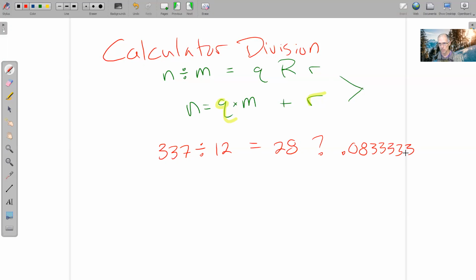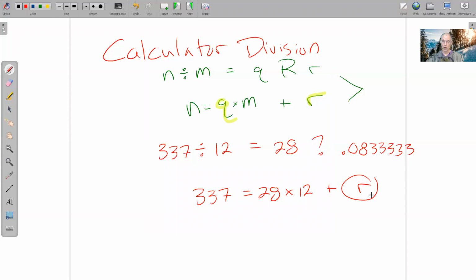I think it gave me that many threes right there. So how do I turn this into the remainder? Well, that gets to my second version here. If I rewrite this as my second version, I now know that 337 is equal to 28 times 12. I just don't know what that r is yet, but I can figure it out, because if I can just get the 28 twelves out of the way, then I can figure out r.